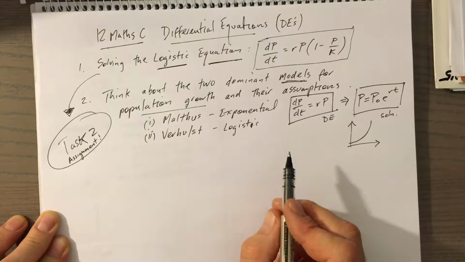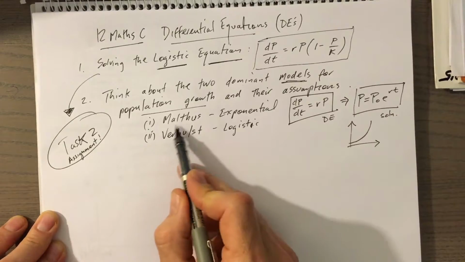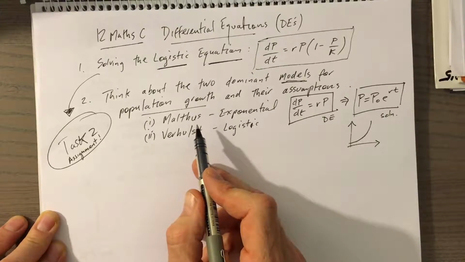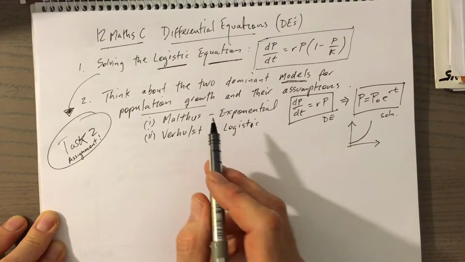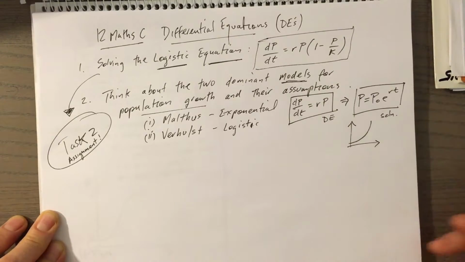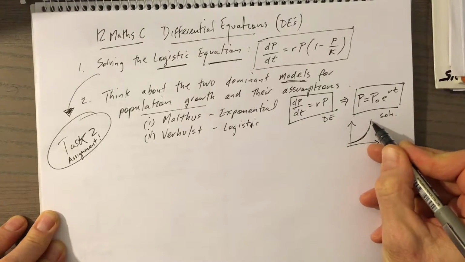Task 1 of the assignment, we've already looked at the exponential growth, okay? That's the Malthus model. So Malthus wrote an essay on population growth in the late 1700s, and he talked about the fact that unchecked population growth would be exponential, okay? So essentially no limit, just keep going.